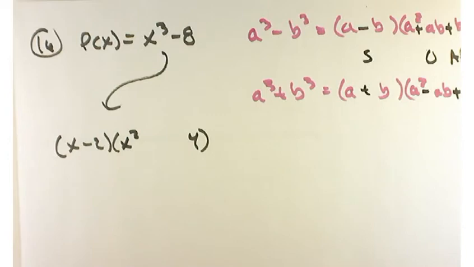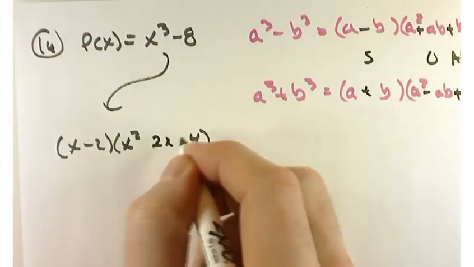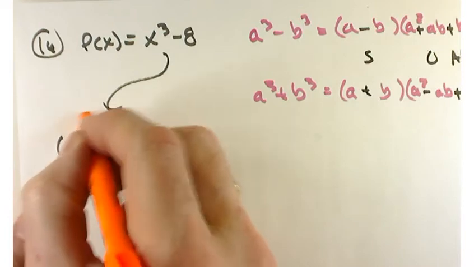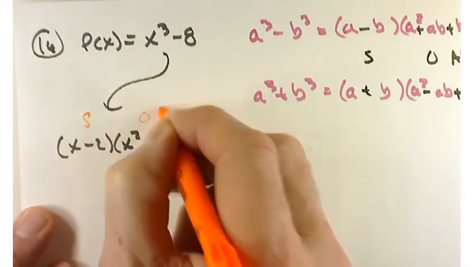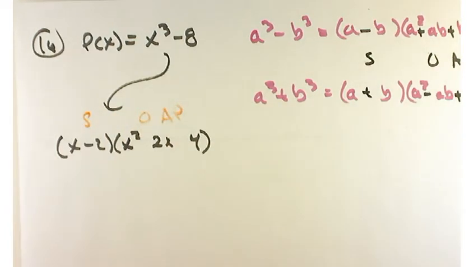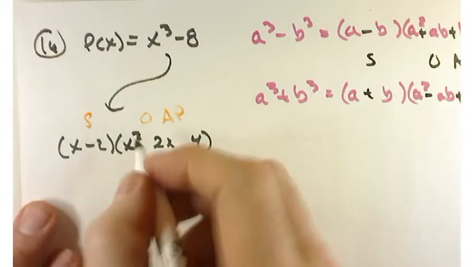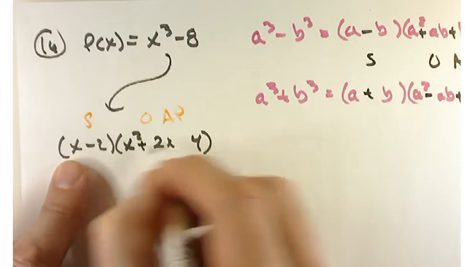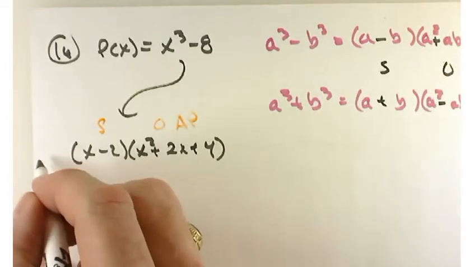What term? 2x. And as before, same sign, opposite sign, always positive. So what sign should I be putting in here? Positive and positive. So that's p of x.